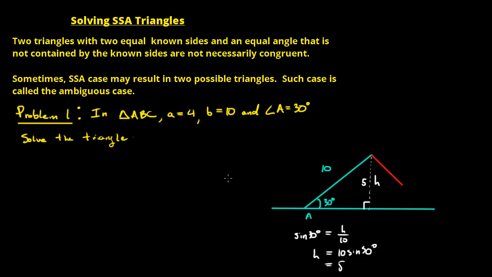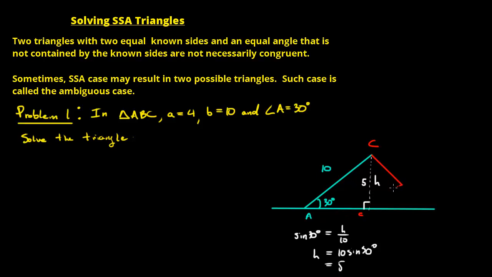The dotted line represents all the possible positions for angle C, and angle B would be wherever this red line intersects with side C.